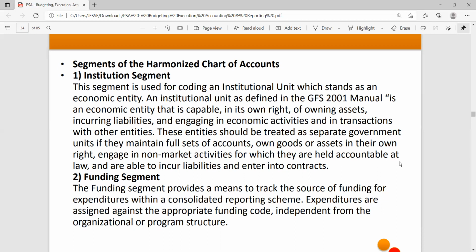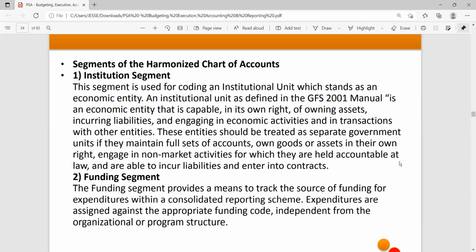So the chart of accounts structures the coding in such a way that it focuses on institutional units, or economic entities. The coding is done on the economic entity level.